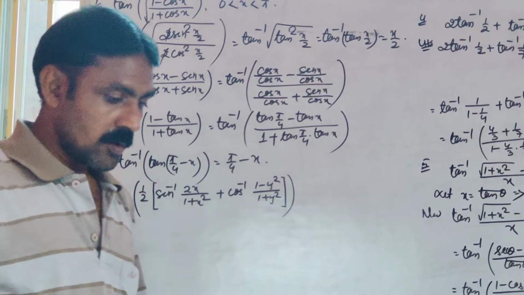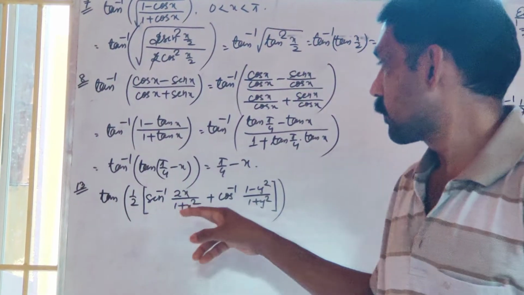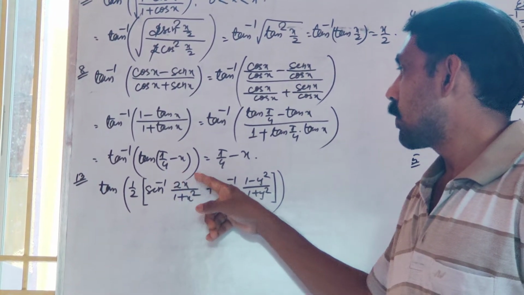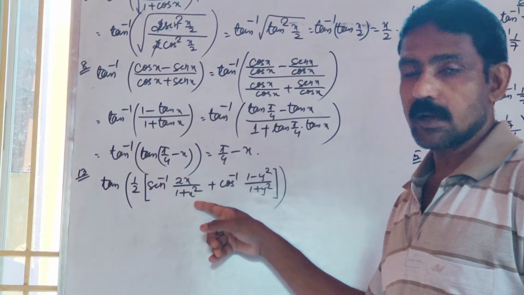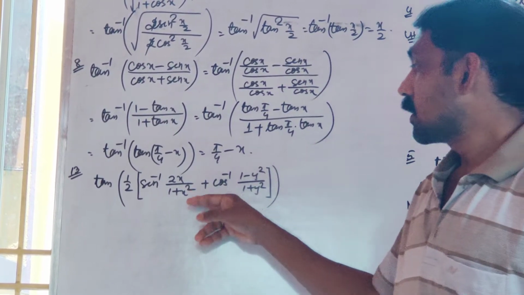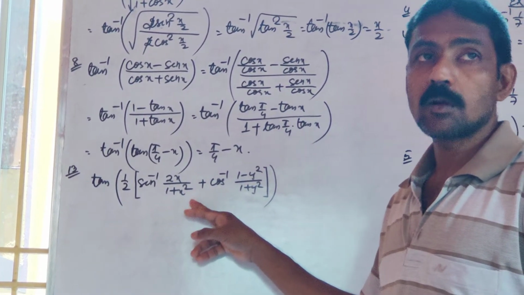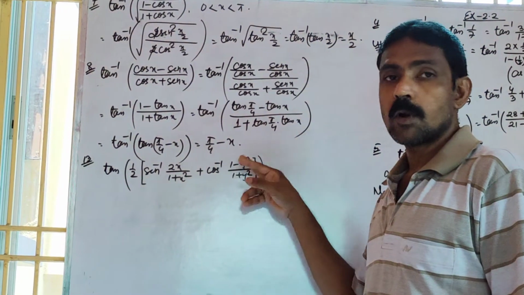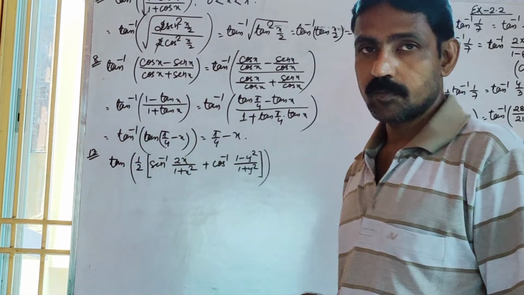Now if you observe this function, sin inverse, if you take x equal to tan theta, that is 2 tan theta by 1 plus tan square theta, this is the formula of sin 2 theta in terms of tan. And your y also, if you take tan, it is a formula of cos 2 theta.